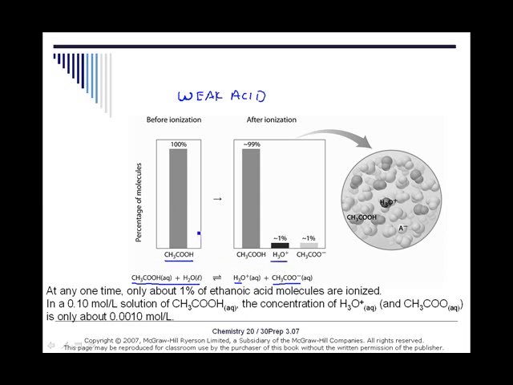When we put it in water, 99% of the molecules stay as acetic acid molecules, or ethanoic acid molecules. So our concentration of hydronium is only about 1% of our concentration of acetic acid, which means our pH is going to be much higher.